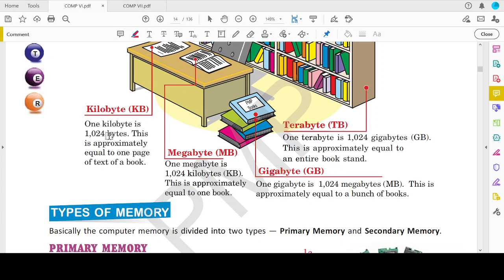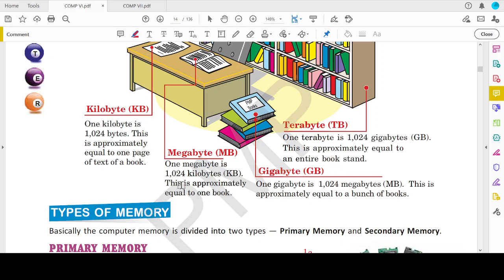That will depend upon the quality of the document, right? Quality of the image. Next, this is only an assumption. The minimum amount of memory you may require is 1 KB. So to store a page, you need minimum 1 KB on the computer memory.